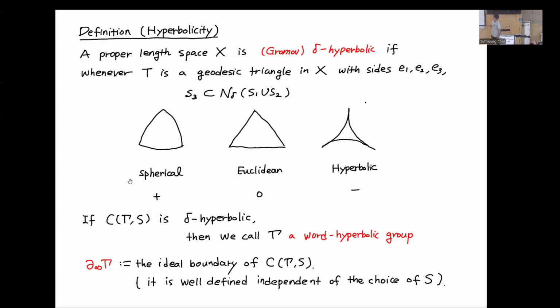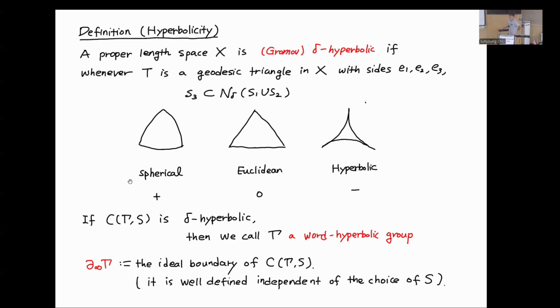So if you have a group, then you can have a Cayley graph associated to the group with respect to some symmetric generating set S. If the Cayley graph is delta-hyperbolic, then we can say that gamma is a word hyperbolic group.